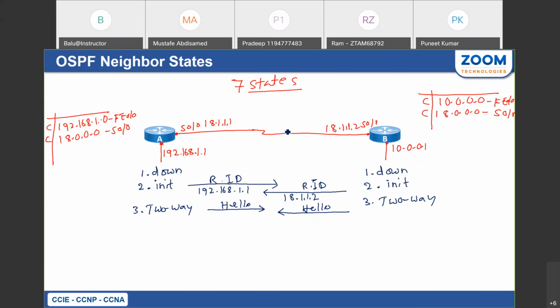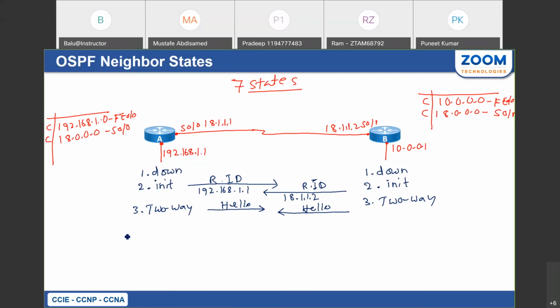You need to understand this happens in a very large network, but I'm explaining between two routers. In real time, a number of routers start fighting each other: I will update first, I will update first. Finally, which router will update first? Routers are going to decide which router has to update first.